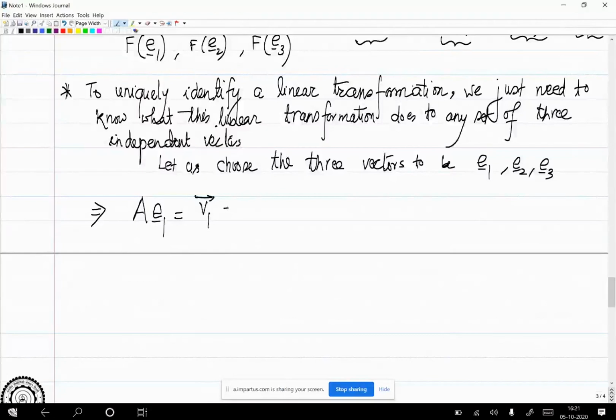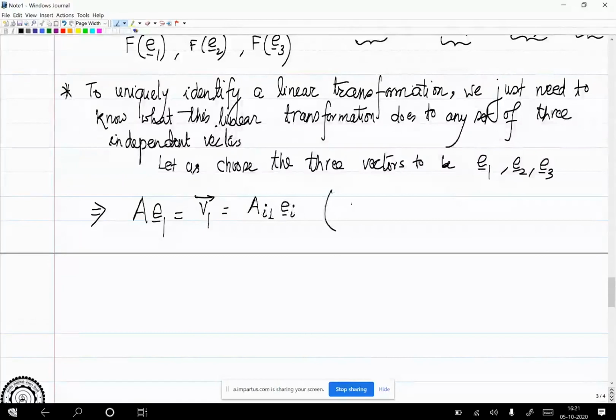Okay. Now can I further write V1 in terms of E1, E2, E3? Let us try to write V1 in terms of E1, E2, E3. So I can say that this is equal to AI1 EI. Can I write this?